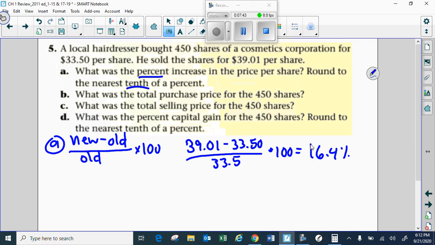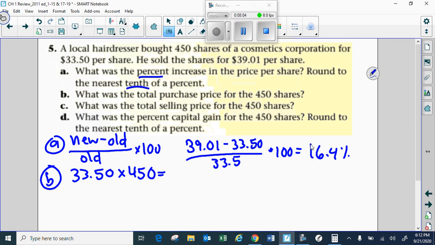B, what was the total purchase price for the 450 shares? Well, remember, he bought it at $33.50 a share times how many shares? 450. That's going to be the total purchase price.